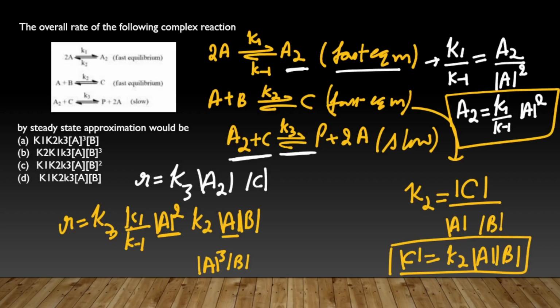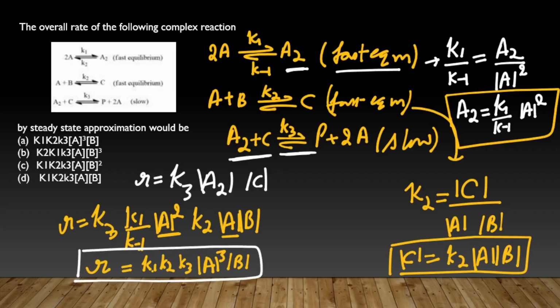So K1, K2 and K3. Instead of K1 by K inverse they have just written K1 only, so that you can substitute. So the rate expression is this one. The main thing is about these powers of A and B, which are A cube and B, given to us in option A, right?